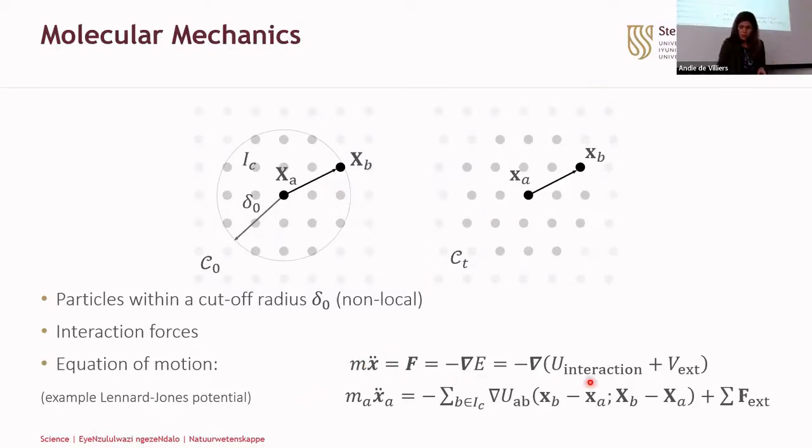When we look at the equation of motion, the forces that create the motion are both external forces, from outside of the particles, and also interaction forces, so how the particles interact with each other. And this is mainly based on the distance, or the stretch actually, of the two particles from the one configuration to the other. Maybe it's worth mentioning that the reference configuration is at time 0, and the current configuration changes over time.